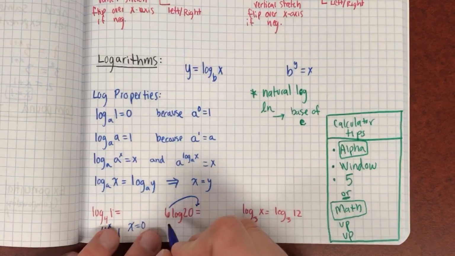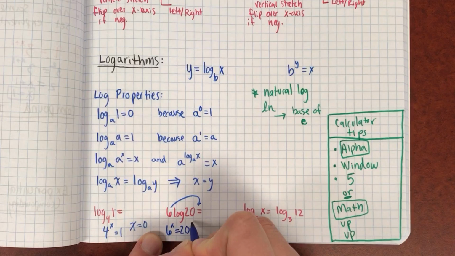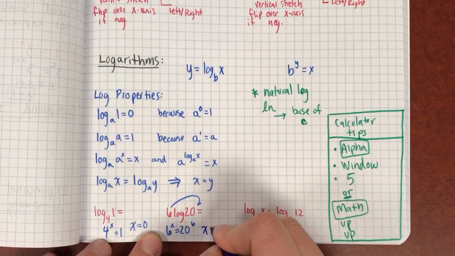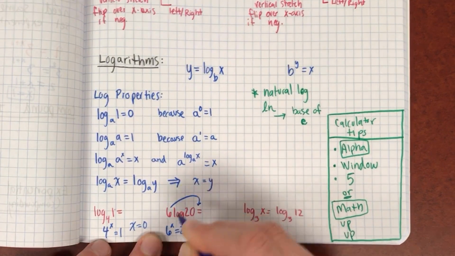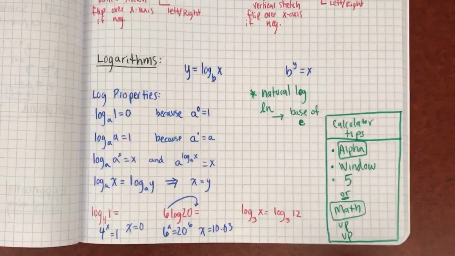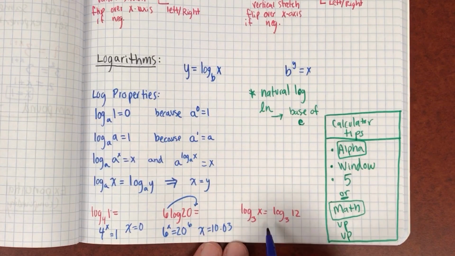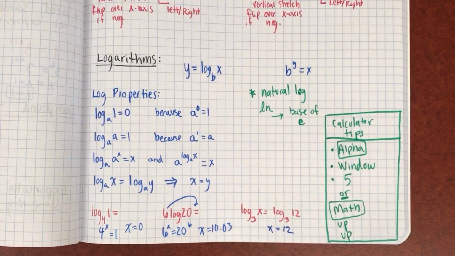So this would mean 6 to what power equals 20 to the 6th power. All right, that would be x equals 10.03, and something like that is something we can type into our calculator. And then the last one, we've got the same bases, so then I can say x equals 12.